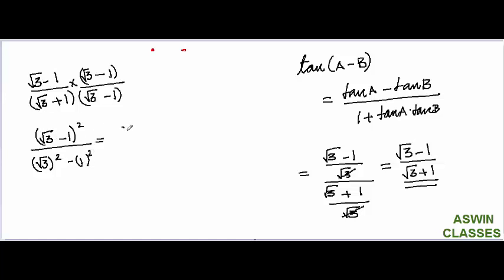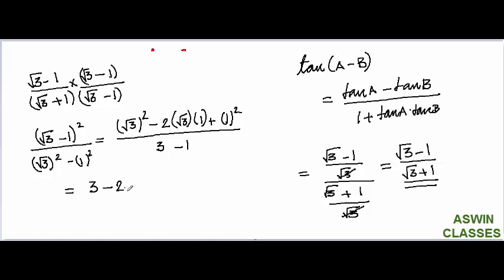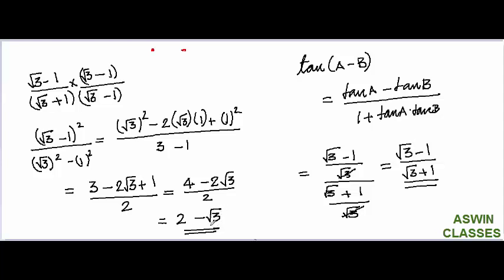On expanding, you will get (root 3) square minus 2 into root 3 into 1 plus 1 square, by (root 3) square minus 1, which is 3 minus 1. This is equal to (3 minus 2 root 3 plus 1) by 2. This is equal to 1 plus 3 is 4, (4 minus 2 root 3) whole divided by 2. Now you can divide each term by 2. So 4 by 2 is actually 2 minus root 3. So this is the answer. Clear?